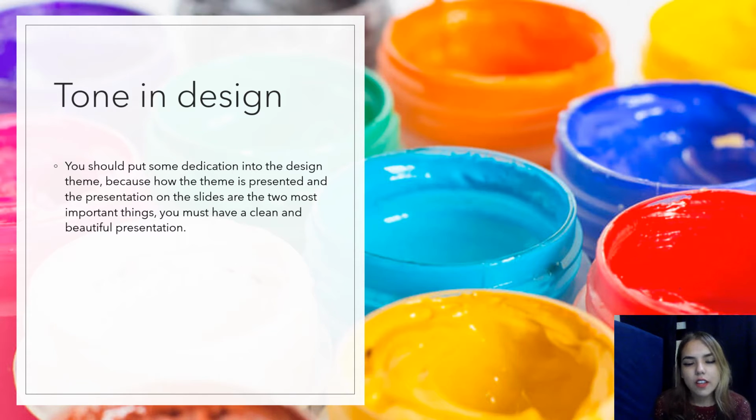The tone in design. You should put some dedication into the design theme, because how the theme is presented and the presentation on the slides are the two most important things. You must have a clean and beautiful presentation.